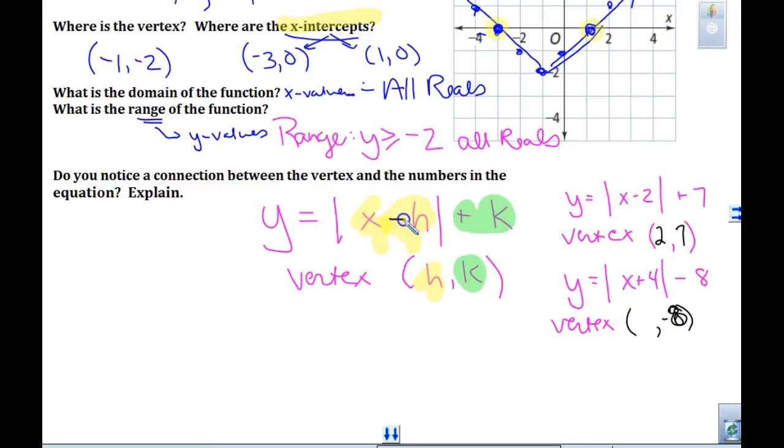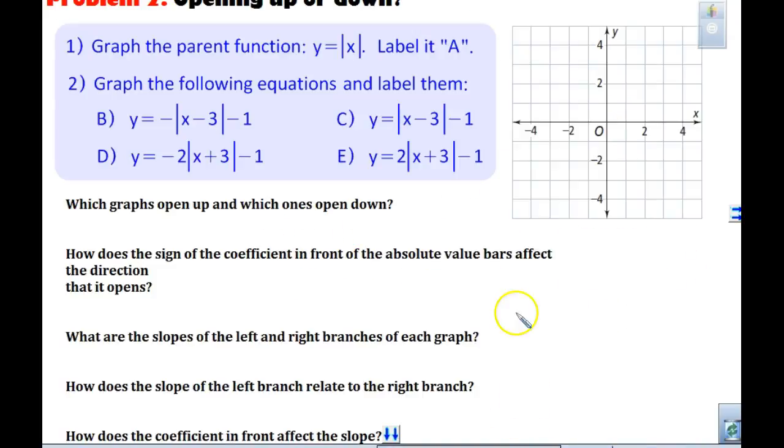This equation has to be a minus. So if we think of this as a minus, it has to be x minus a -4, right? So my vertex is -4. -4, -8, I would agree with. So be really careful for that. It's the same as when we did point slope, where you have to be careful with the y minus and x minus. So it says, does it open up or down?